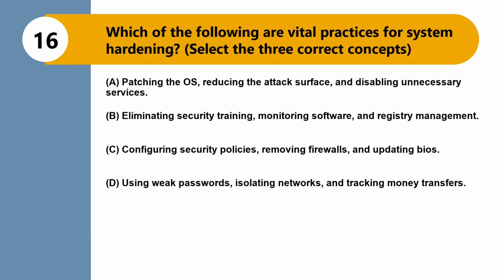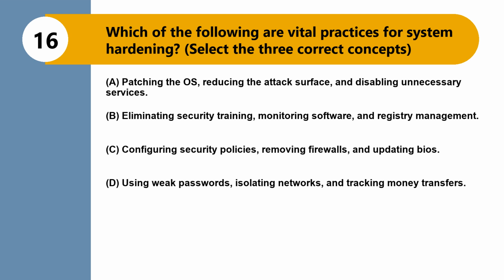Question 16. Which of the following are vital practices for system hardening? Select the 3 correct concepts. Option A. Patching the OS, reducing the attack surface, and disabling unnecessary services. Option B. Eliminating security training, monitoring software, and registry management. Option C. Configuring security policies, removing firewalls, and updating BIOS.